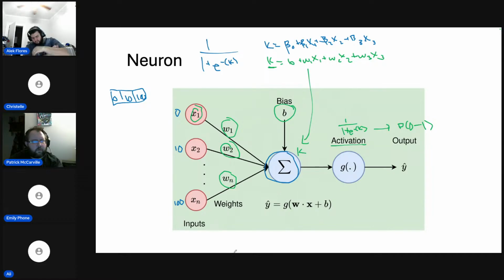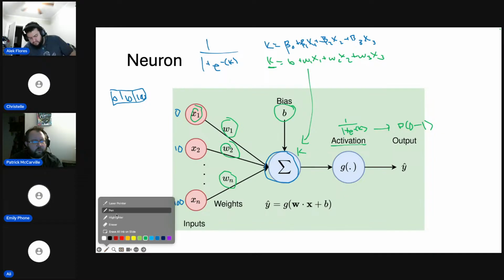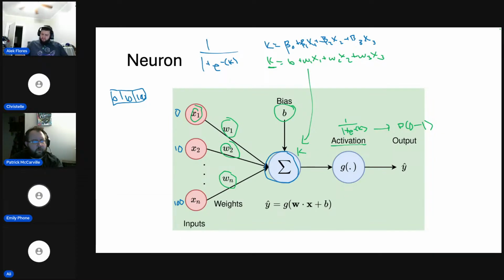So let me just be hyper clear here, and let's map this k value. In our case, k would equal some bias value, let's say our bias is 1, plus whatever we determined our weight was here, w1 times 0, plus w2 times 10, plus w3 times 100.